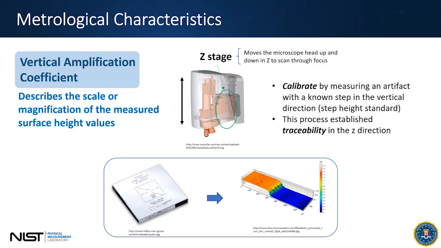Any difference from a reference standard that says it should be 1.6, and let's say you measure 1.8, now you know you have a 0.2 micrometer difference between the actual calibrated surface and what this instrument spits out. Certain instruments allow you to correct for this. You can type in what the actual height is and what the measured height is, and it'll apply a correction factor for all your measurements.